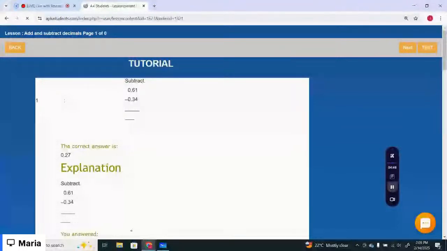The decimal subtraction is exactly the same as how we subtract simple numbers. So 0.61 minus 0.34.